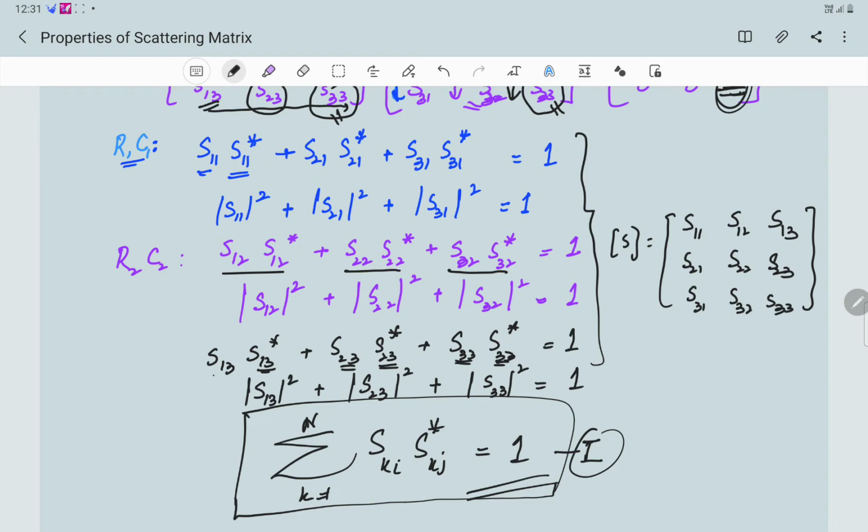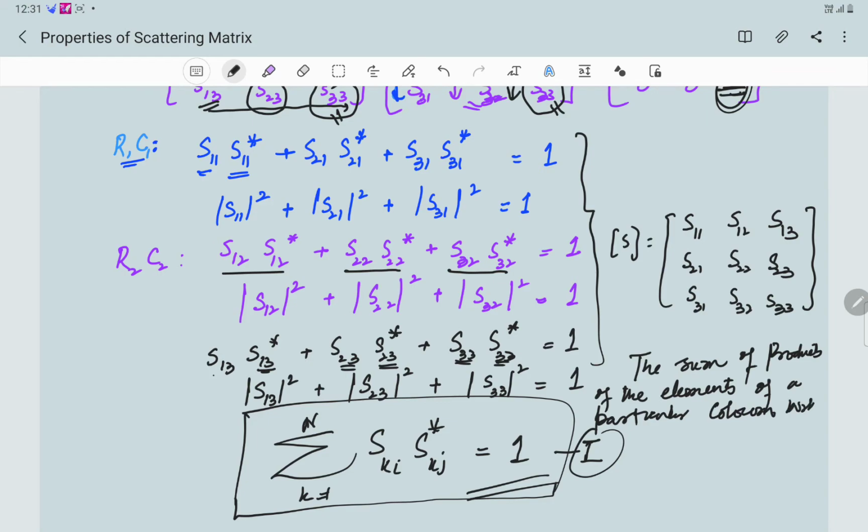So this equation 1, in a nutshell, means that the sigma indicates the sum of products of the elements of a particular column with their corresponding conjugates is equal to 1.